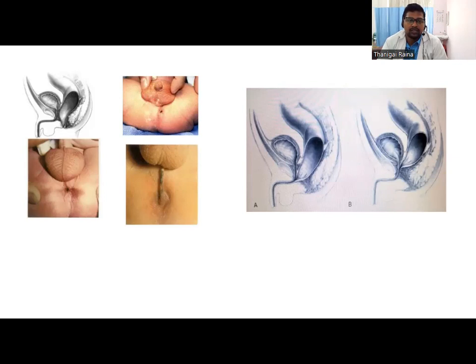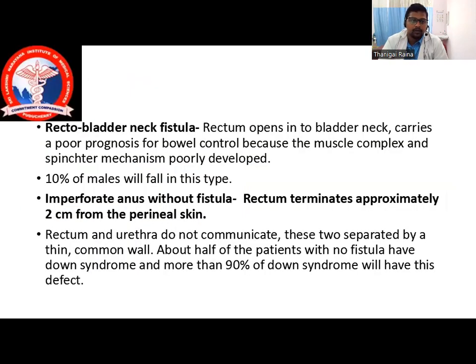You can see there is a rectoperineal fistula and there is a rectourethral fistula also. Rectobladder neck fistula: the rectum opens into the bladder neck and carries a poor prognosis for bowel control, because the muscle complex, the sacrum, and the anal dimple will be poorly developed. This constitutes 10% of male babies.